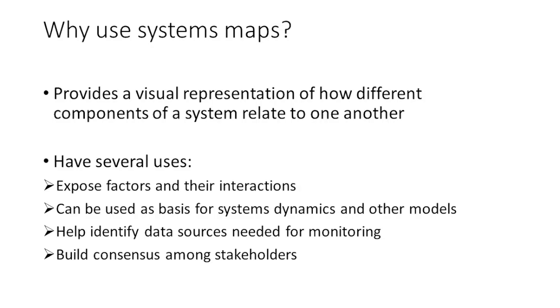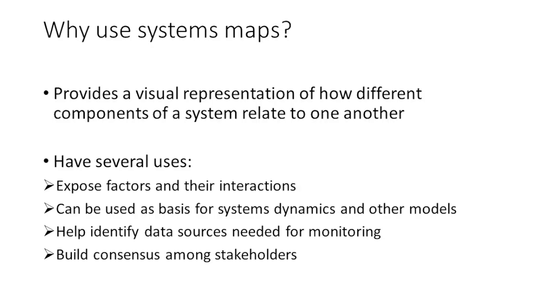They may enhance and simplify understanding of the components and processes involved. In addition, maps may be used as a basis for systems dynamic models and other models to explore causal mechanisms and potential impacts of interventions. Mapping can also support the identification of relevant data sources that we can use for monitoring and evaluation.